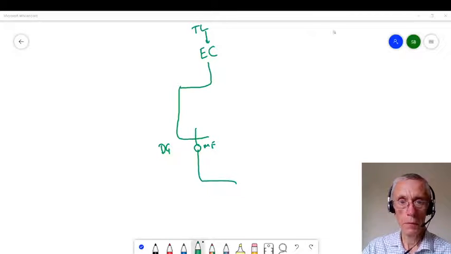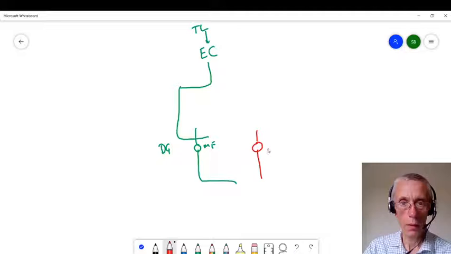We also have CA1 neurons, and this entorhinal cortex input also affects those.